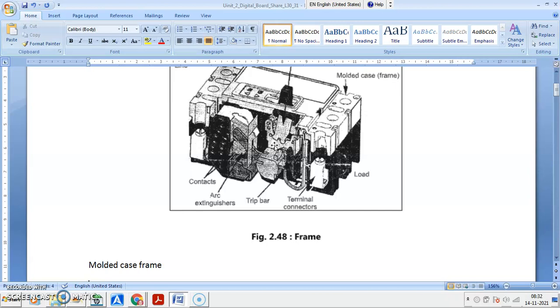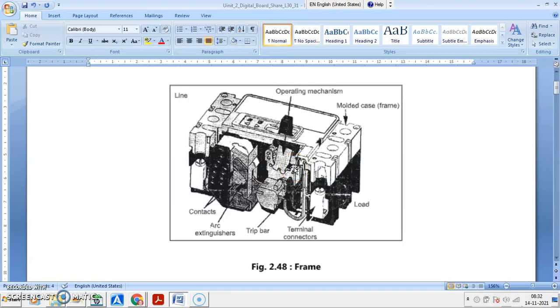Normally glass polymer or polyester material is used. Especially this material should have higher thermal resistance, because arc extinction or arcing takes place. Material should have good dielectric strength, which is particularly required for the frame.